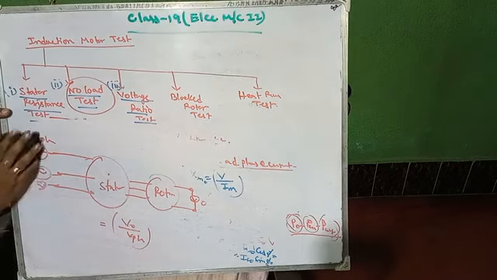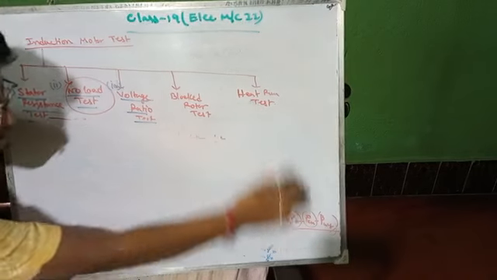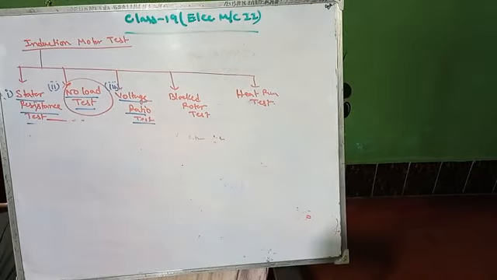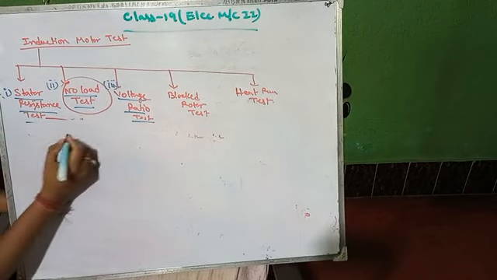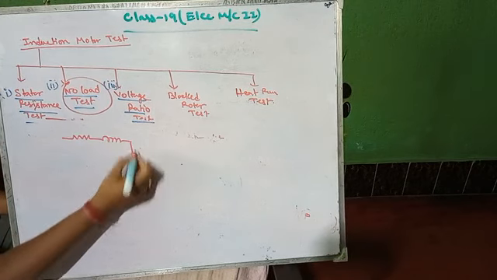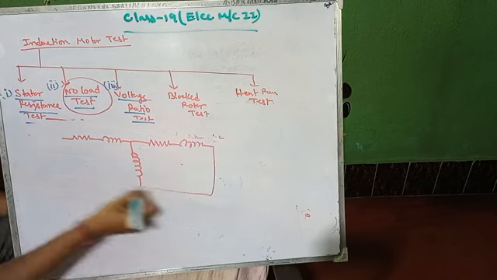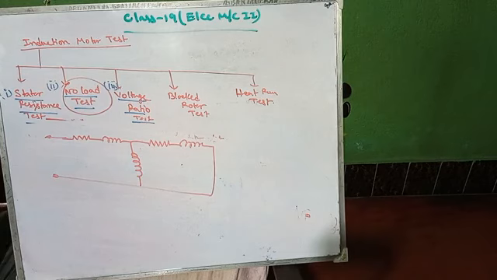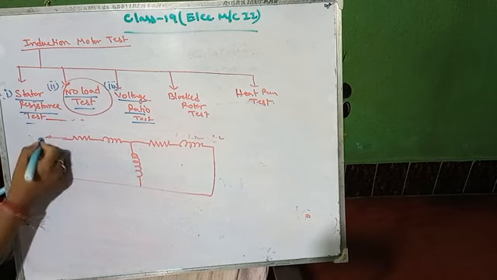So what does the blocked rotor test mean? It is used to find the short circuit components of the three-phase induction motor. When the short circuit components are being found, the equivalent circuit of the motor looks like this: Vs by root 3 is the per phase voltage.